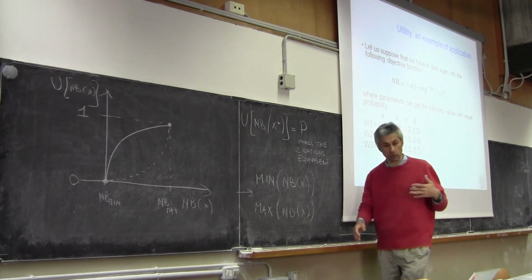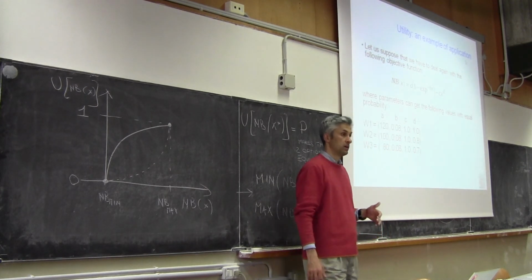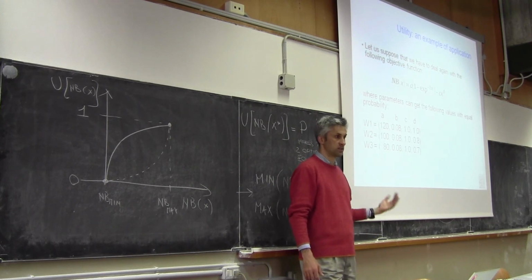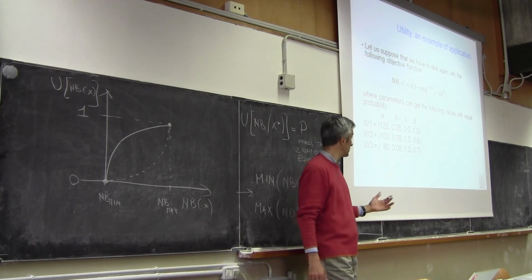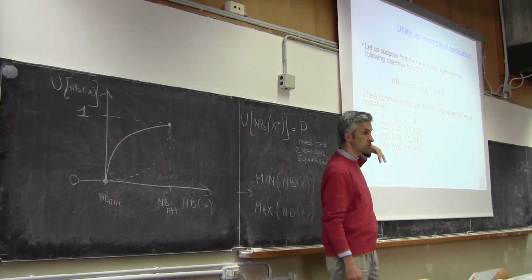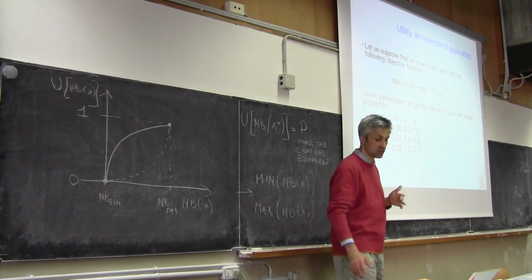So the first thing that we have to do, again, is to identify the relevant decisions, and for sure, these relevant decisions will include the allocations that give the maximum benefit according to these three parameter sets.